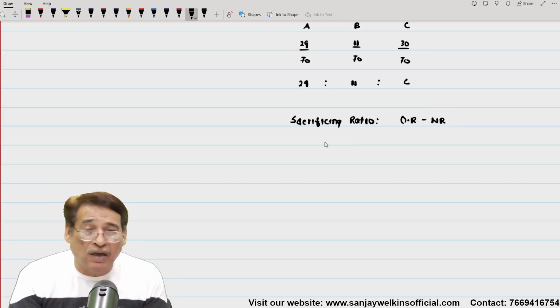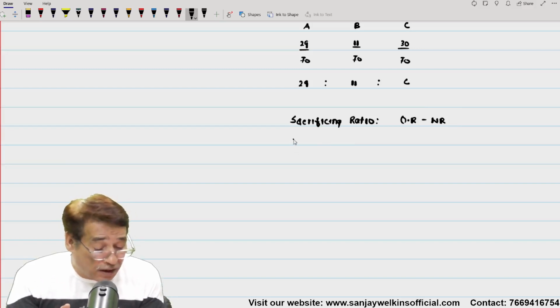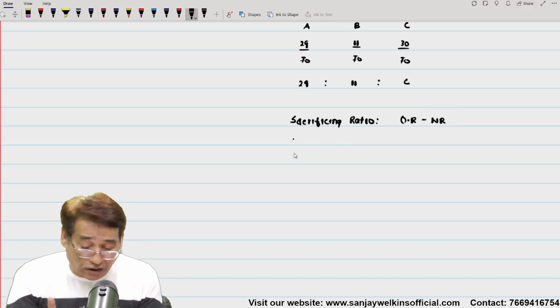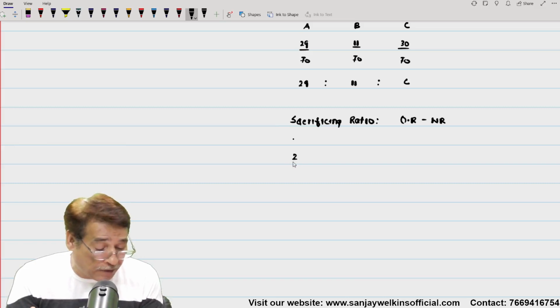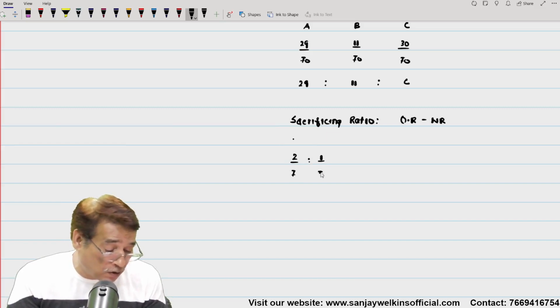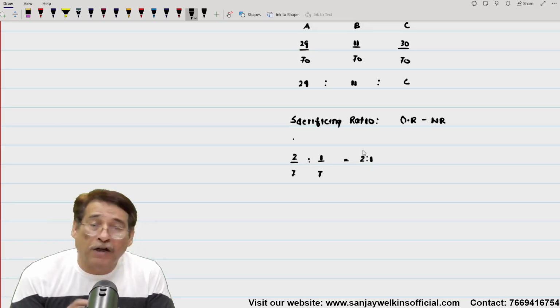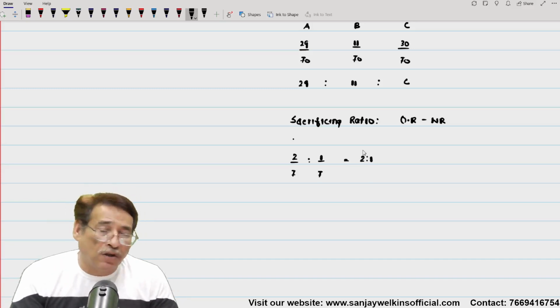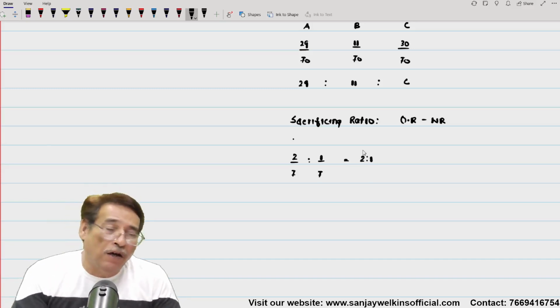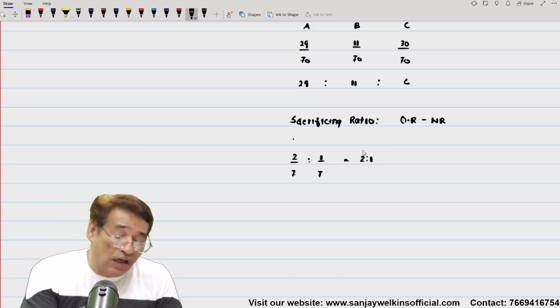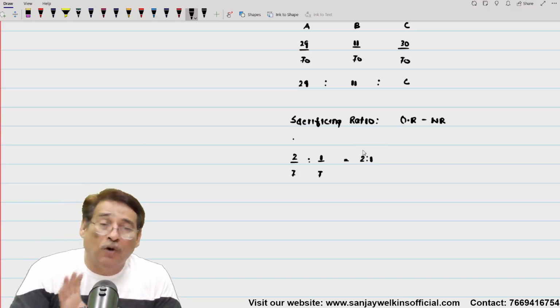So in this particular case also, sacrificing ratio is given. For example, we are given that A has sacrificed 2/7, while B has sacrificed 1/7. So sacrificing ratio in this particular case is 2:1. But in this situation, your sacrificing ratio will not match with the old ratio.